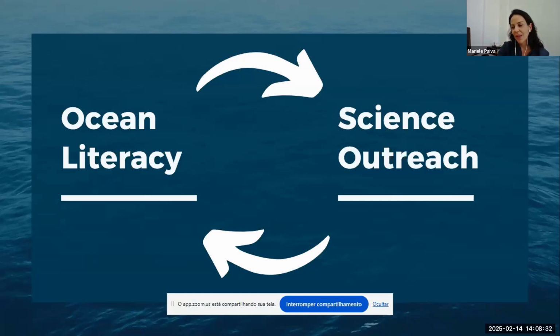To make it understandable to everyone. These two terms are quite related because in order to make people understand marine science, you need them to understand core concepts that come from ocean literacy. And ocean literacy is based on concepts that come from science, right?